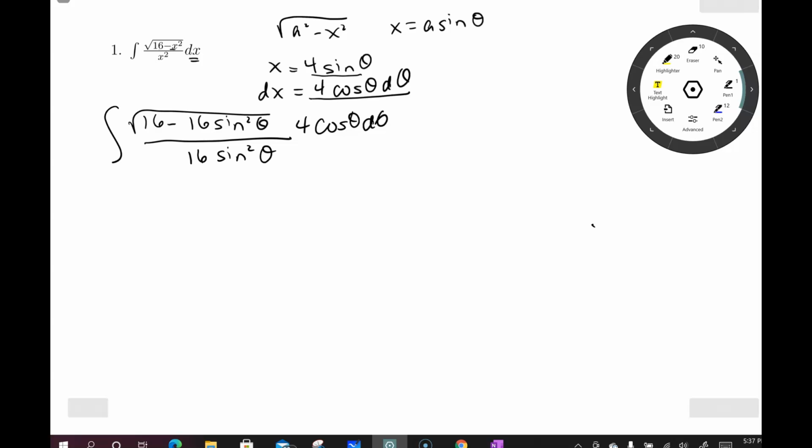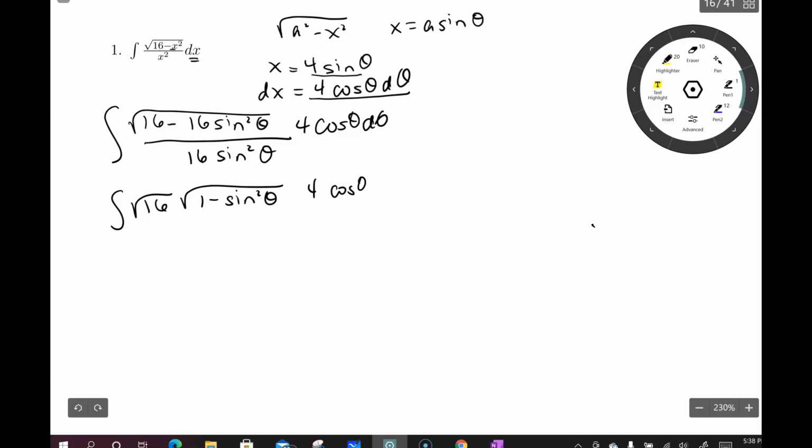All right, so inside this radical, I am looking for an identity to make it go away. So I can factor out a root 16, and I'm left with 1 minus sine squared. I'm just going to carry the rest of this along, 16 sine squared theta. So this gives me a 4. This in here, let me just go slow, is cosine squared theta.